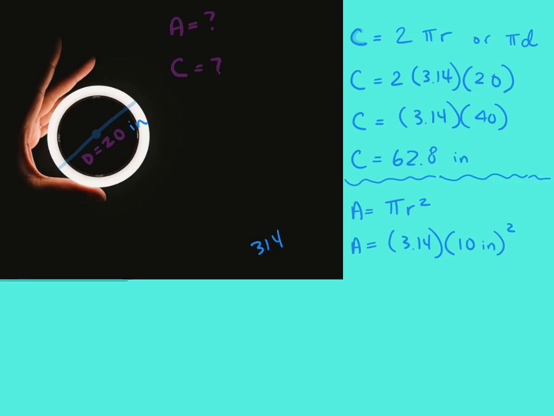Now, guys, when you square 10, it's 10 times 10, and that's going to be 100. So it looks like Eknam is right because 3.14 times 100 inches squared, you basically move the decimal point 2 times to the right because of the 2 zeros, and that's going to give you 314 inches squared.